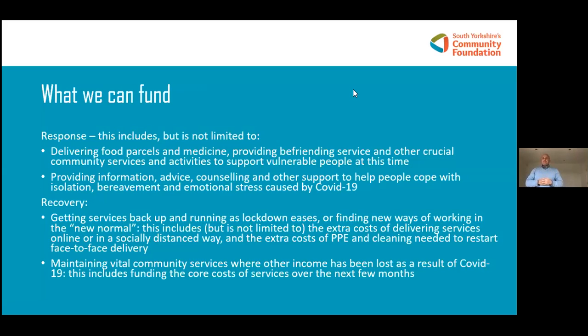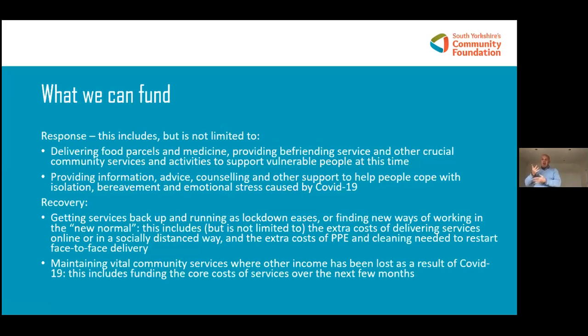So what sort of things can be funded? For the response, as I said, this is very much immediate support for people. So the food parcels, medicines, befriending services, anything that supports vulnerable people, information, advice, counselling.